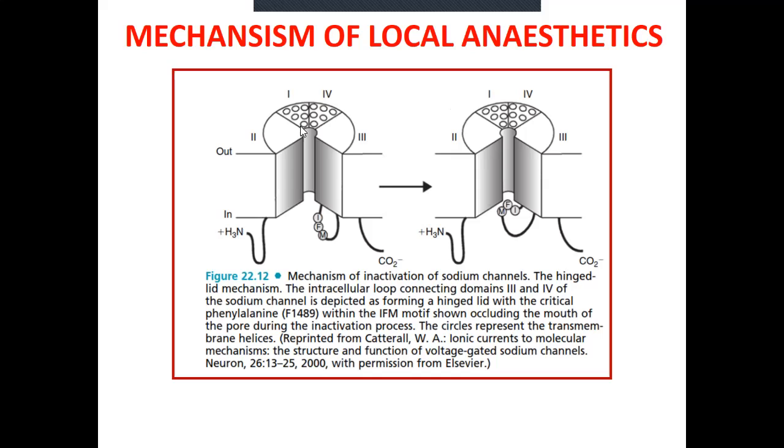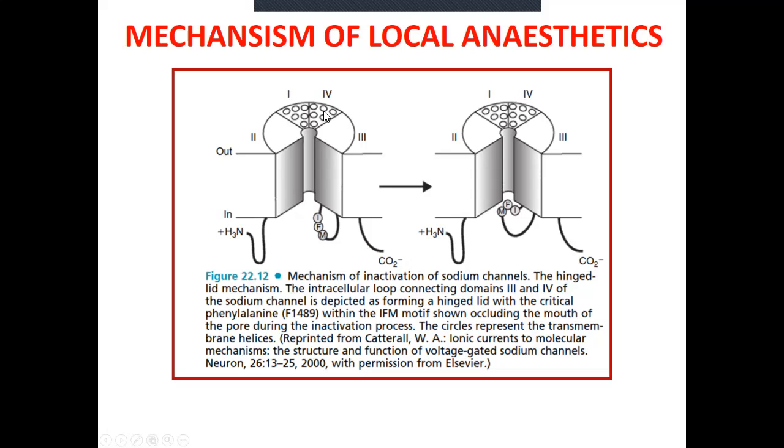The sodium ions enter this way only, and when it is in the open state they can enter; here it is in the closed state, so you cannot have the sodium ion enter into the cell. This is outside the cell and this is inside the cell. This is the polypeptide chain of the first section. The second and third are not shown.